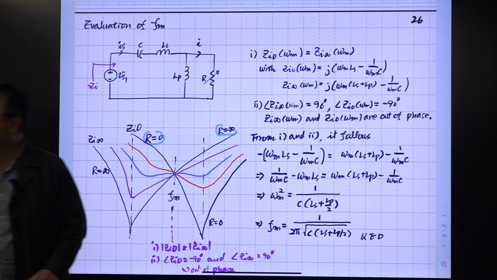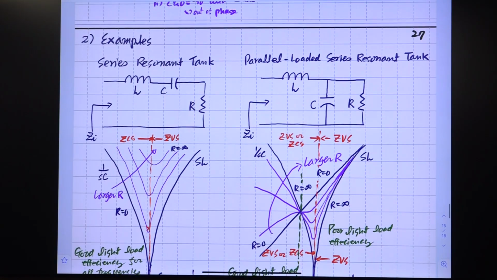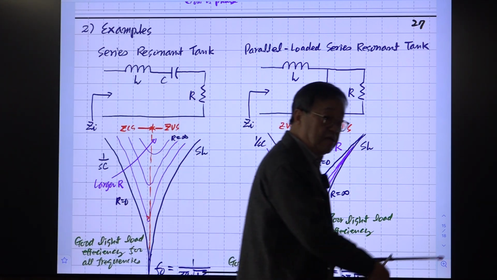Okay, so this is the final result of everything. I have 4 examples of this. This is an example of the simple LCR series resonant tank.